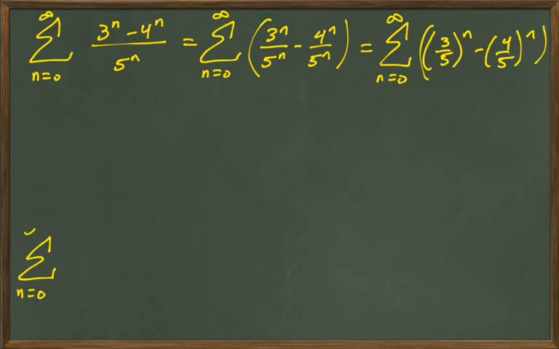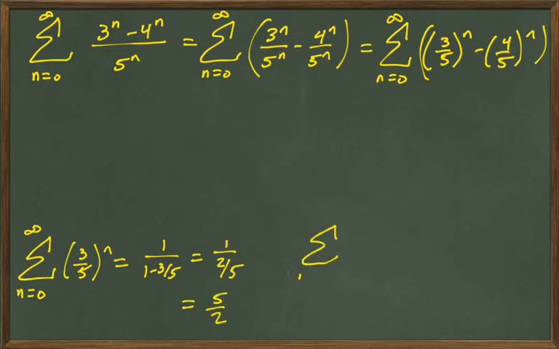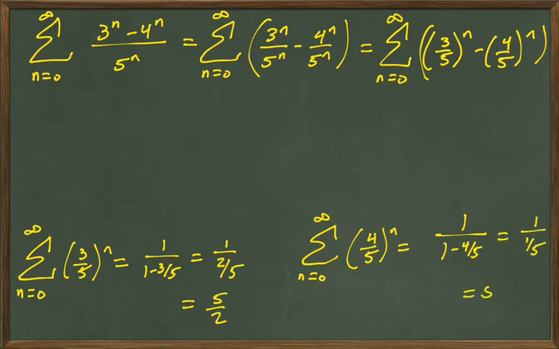The sum n equals 0 to infinity of (3/5) to the n is going to converge to 1 over 1 minus 3/5, which is 1 over 2/5, which is 5 over 2. The sum n equals 0 to infinity of (4/5) to the nth power is going to converge to 1 over 1 minus 4/5, or 1 over 1/5, or 5.